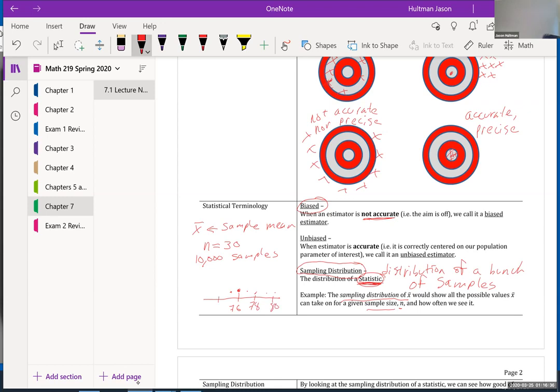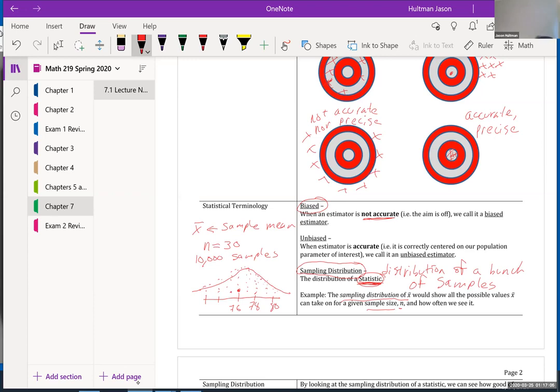We get an average here, then another average, and we start filling this in. What we're going to see is that the distribution of the sample mean is approximately normal if we run this a bunch of times.